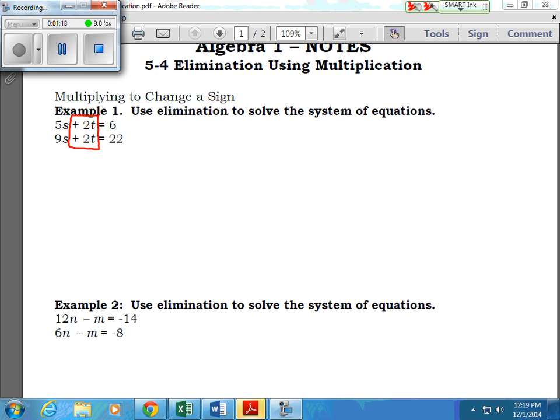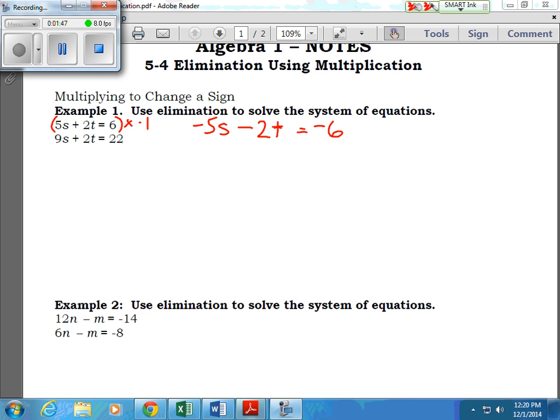If we multiplied everything in the top equation by -1, we would get -5s minus 2t equals -6. We just basically change the sign of everything in that equation.